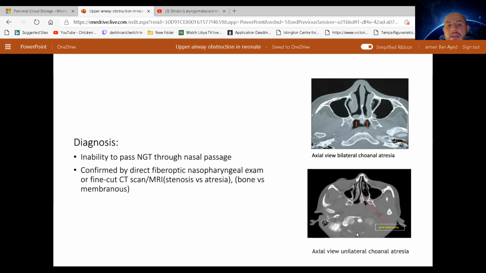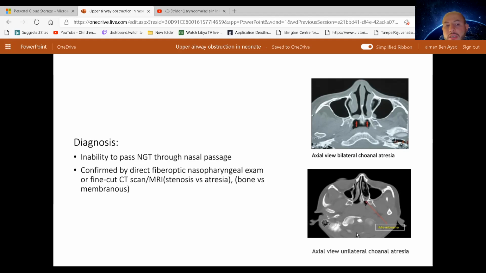The ENT can do a flexible fiber-optic nasopharyngoscope and look at the nasal airway, and say it looks like complete obstruction, or it looks like stenosis.